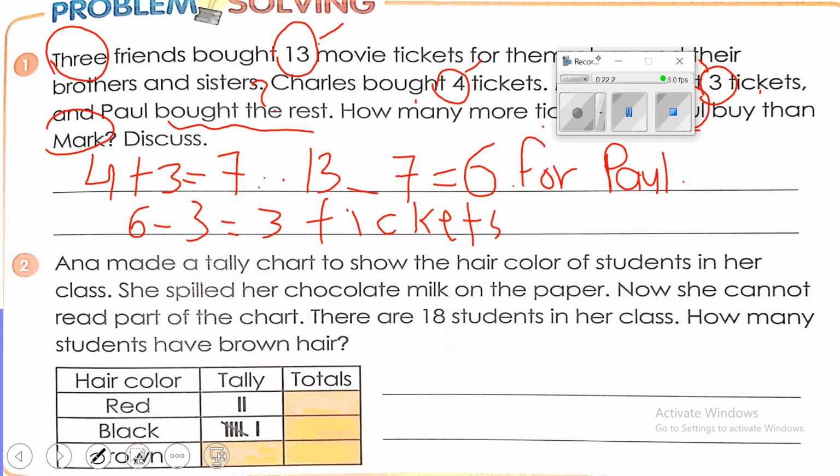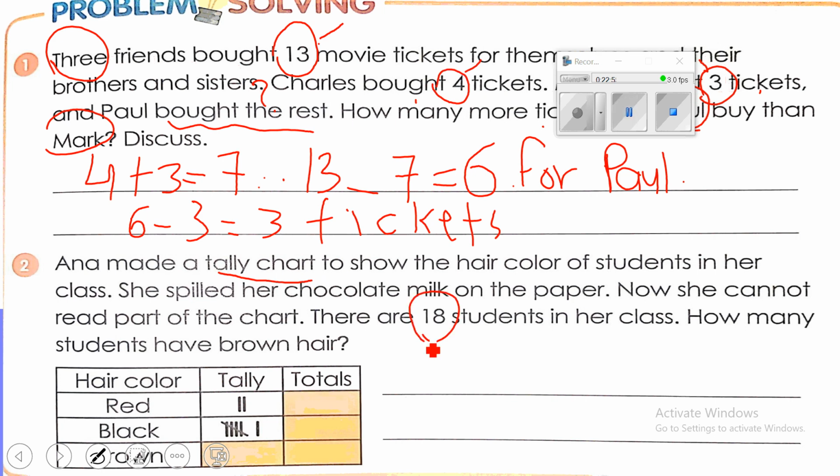Let's see number 2. Anna made a tally chart to show the hair color of a student in her class. She spilled her chocolate milk on the paper. Oh my God, now she can't read part of the chart. There are 18 students in her class. How many students have brown hair?